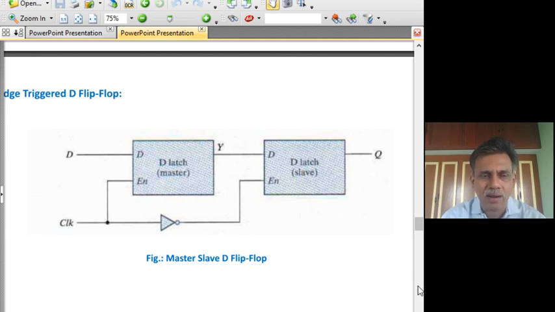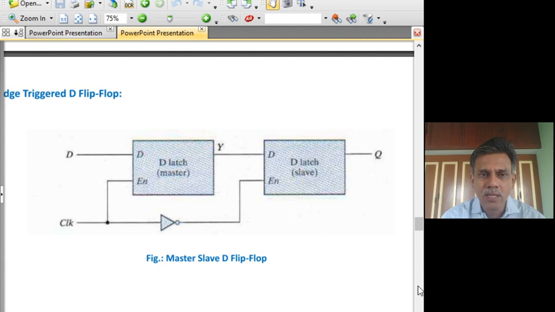the level of the clock pulse will enable the master, and the master will follow the external D input during the level, if it is positive level or negative level depending upon the design.